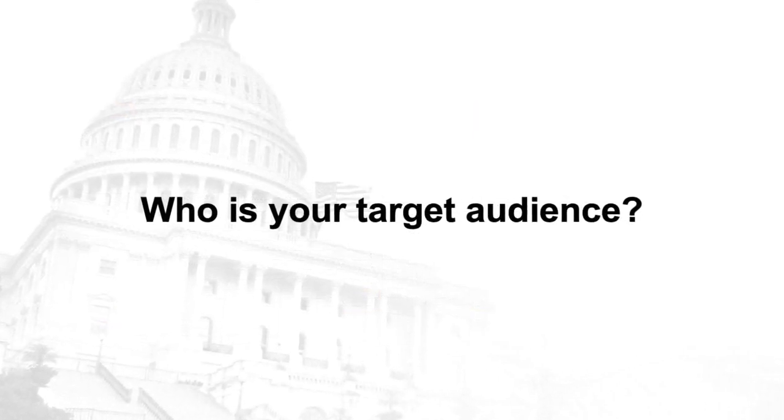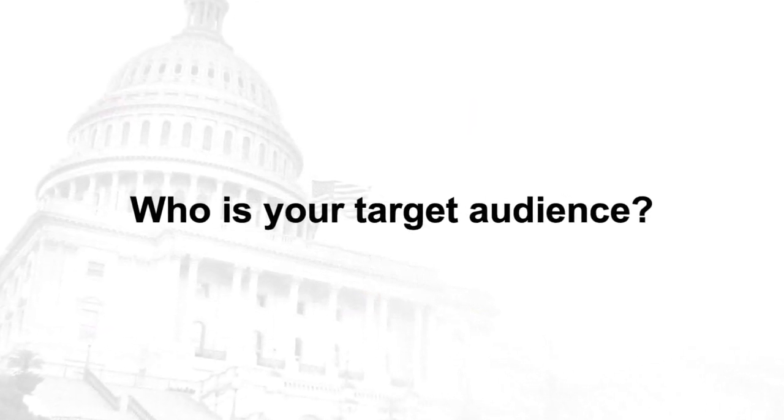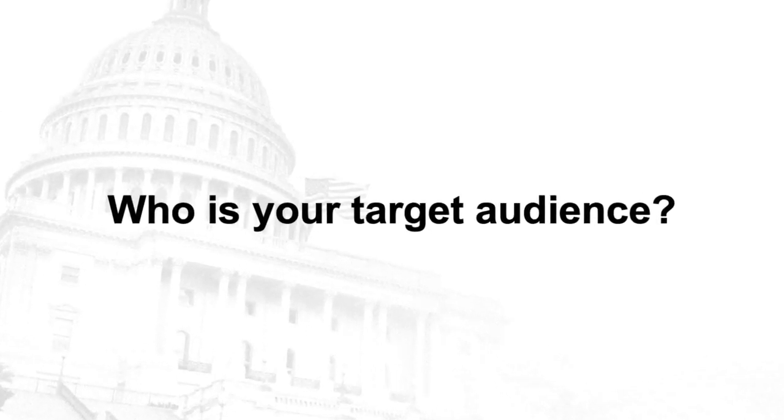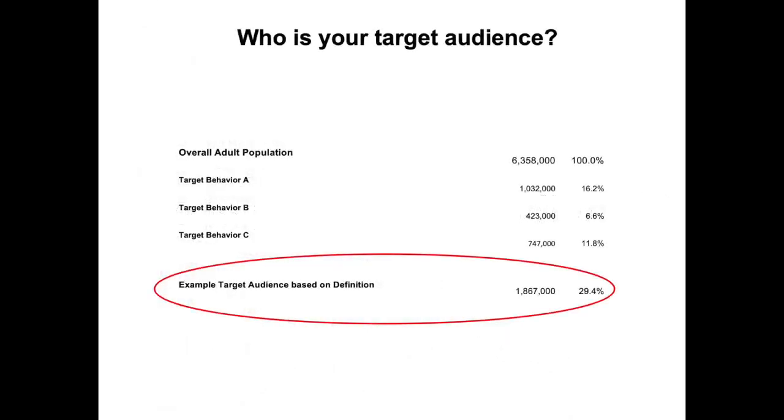All impressions are not created equal. You need a better understanding of your target audience before building your media plan. To show how a target audience definition might work, we have an example audience that we have called Example Target Audience.